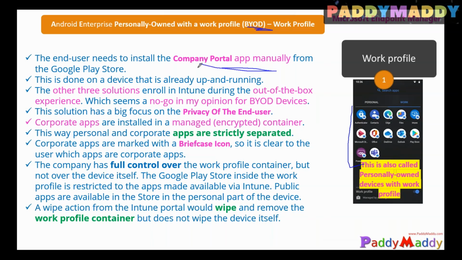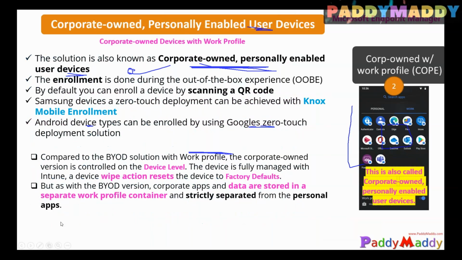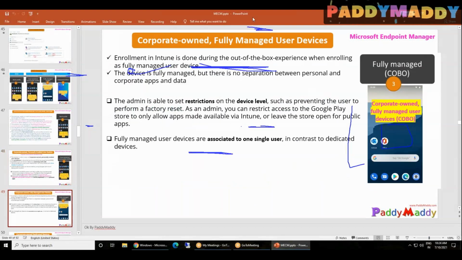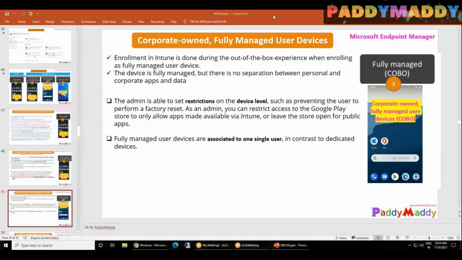The company portal application must be manually installed from the Google Play Store by the end user, and then the required applications will come up once they sign in, and the privacy statement, all of that, must be accepted, and the corporate applications must be encrypted. That would be automatically done, and you would see the briefcase icon also. You can do only the wipe here. Okay, so let's actually try first with the bring your own device concept, then we would move to the others.